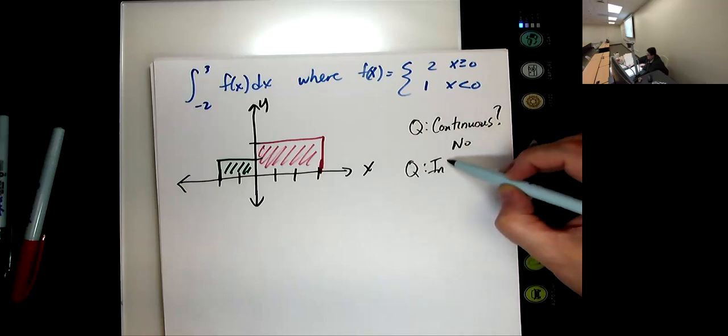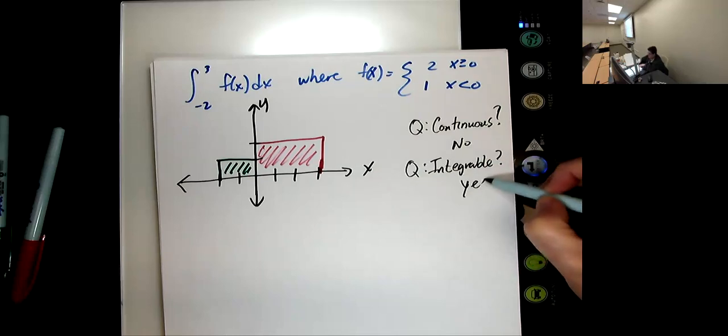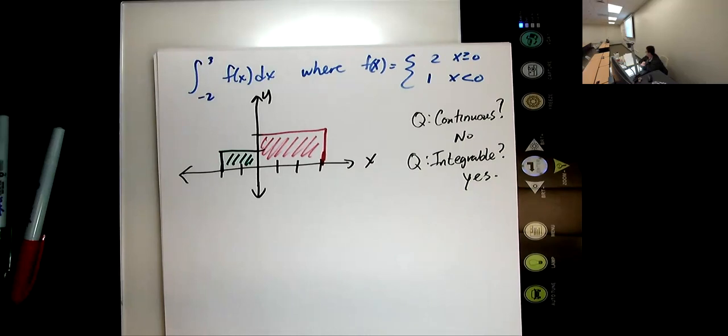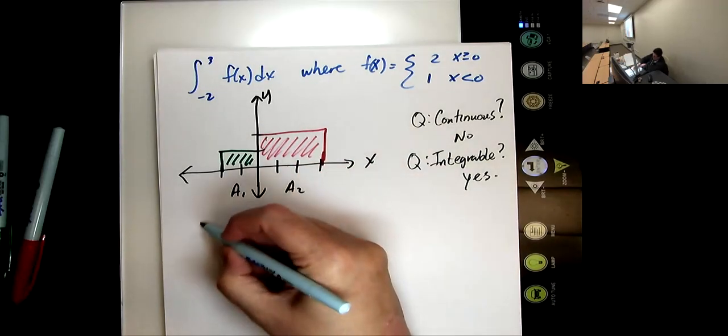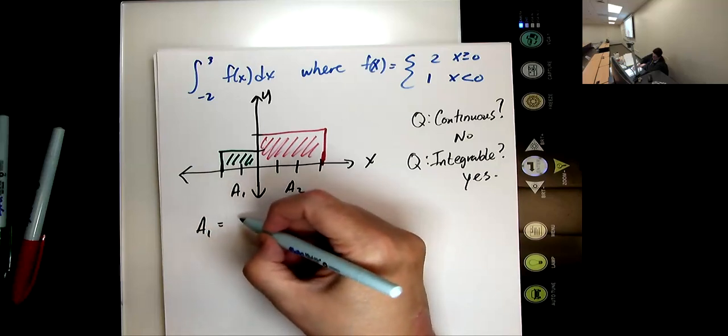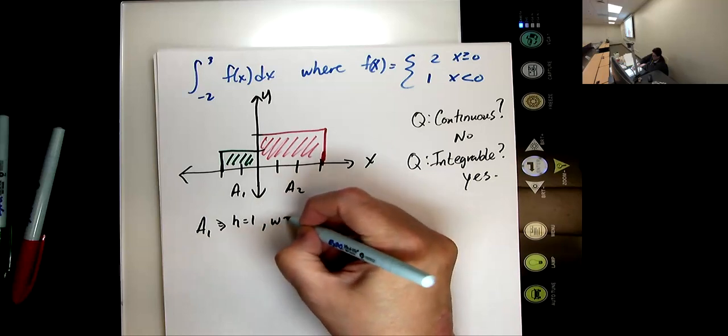Integrable? Yes. We can find the area, right? In fact, if I call this A1 and this A2, A1 has a height of 1 and a width of 2.